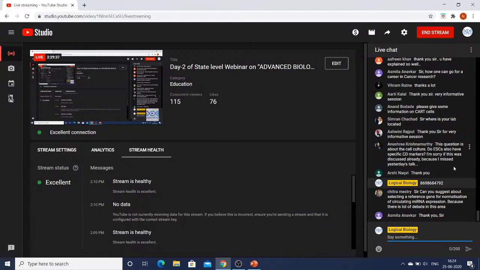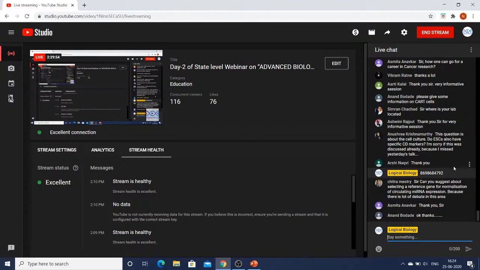Anushri, do ESCs also have specific markers? Yes, we have some markers, some proteins which are embryonic stem cell specific, but generally we prove that some cells are embryonic stem cells by doing real-time PCR for their specific transcription factors.